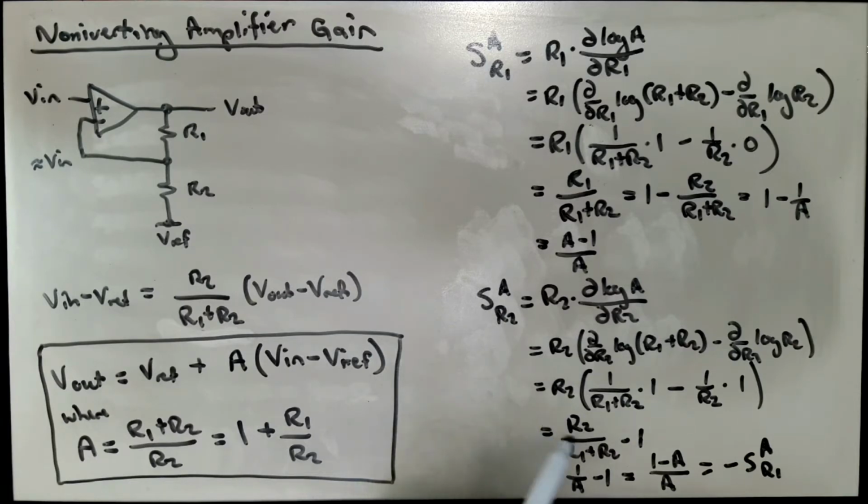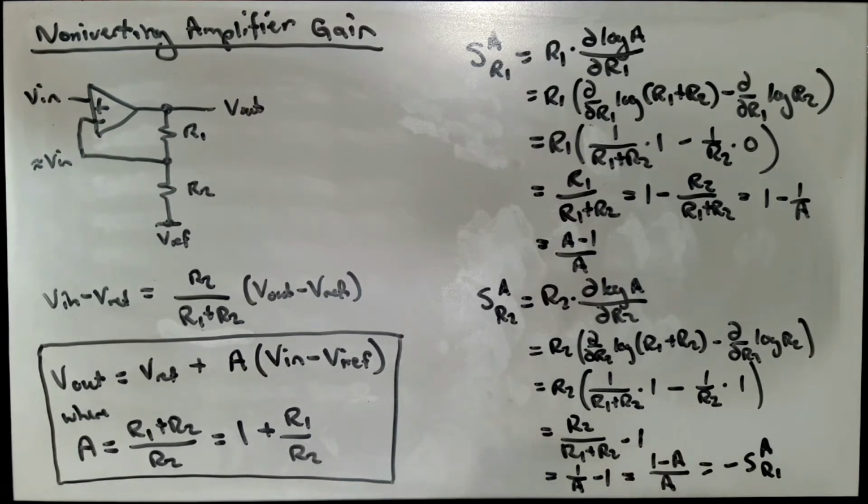So if R1 goes up by a certain per unit variation, that affects A in one direction, and if R2 goes up by that same per unit variation, it would compensate for the per unit change in A that R1 contributed. So that's kind of funny. They will affect the gain in opposite ways. And that's something we didn't see with the resistors in series or the resistors in parallel example.